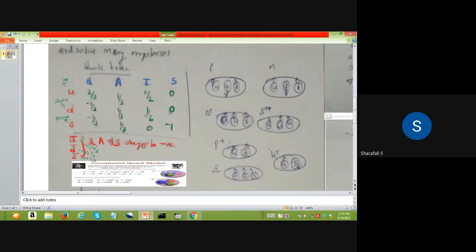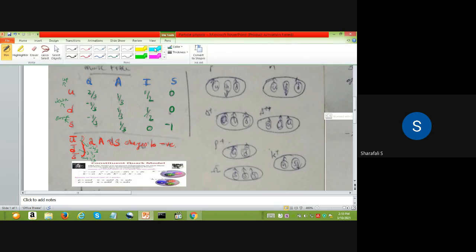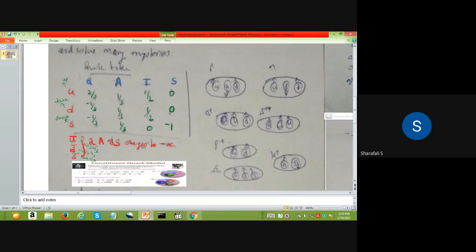Now, if you consider some examples, for example, the proton. Protons are not fundamental or elementary particles. A proton consists of three quarks because it is a baryon, which are U, U, D quarks.